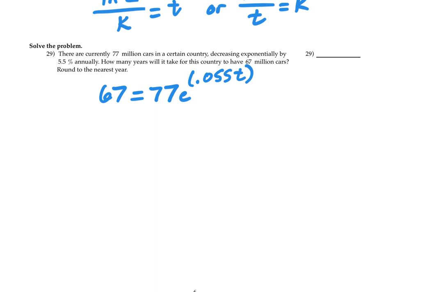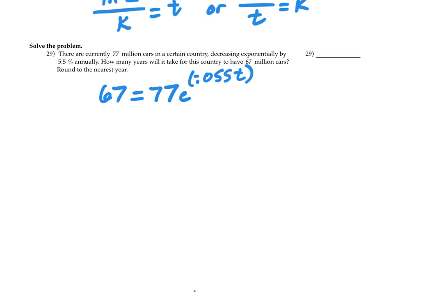We should put a negative 0.055 in here because it's decreasing exponentially, so we want to make that k value negative. If it was increasing, it would be positive. That way we don't get a negative on our answer. If you don't put a negative on the 0.055, you would get a negative number of years, which wouldn't make sense. That would be the big difference.